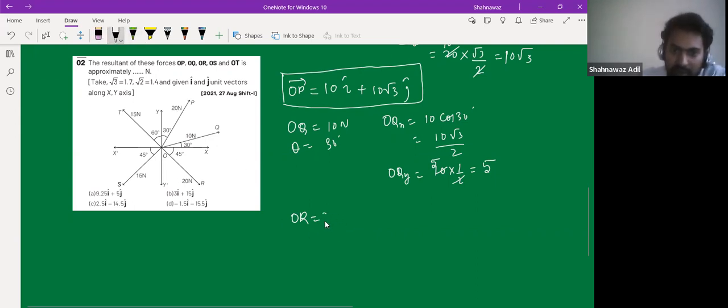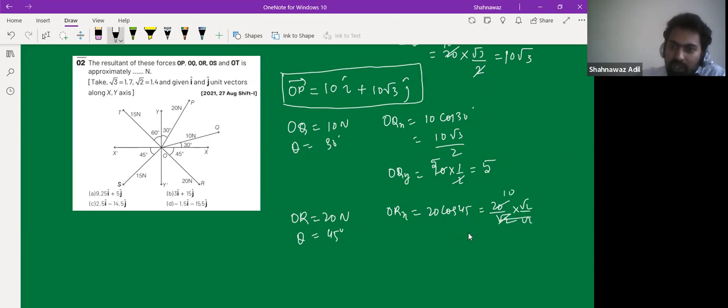OR is 20 Newton and theta is 45. So OR X is 20 cos 45, which is 20 by root 2. So this is root 2 by root 2, this is 10 root 2.